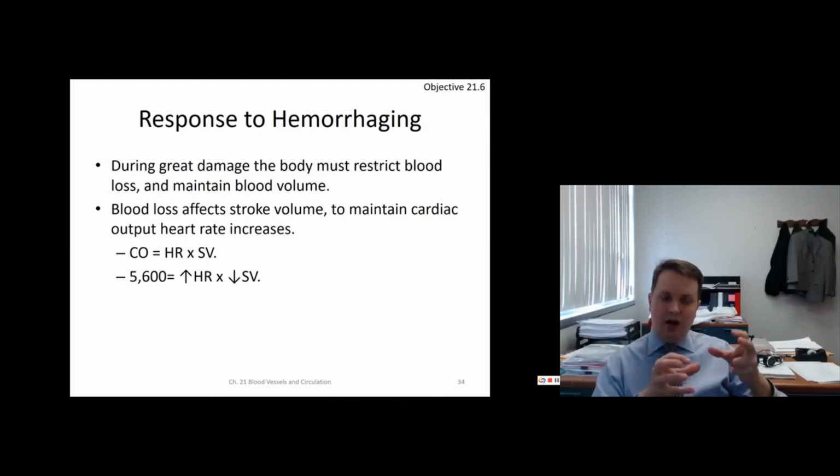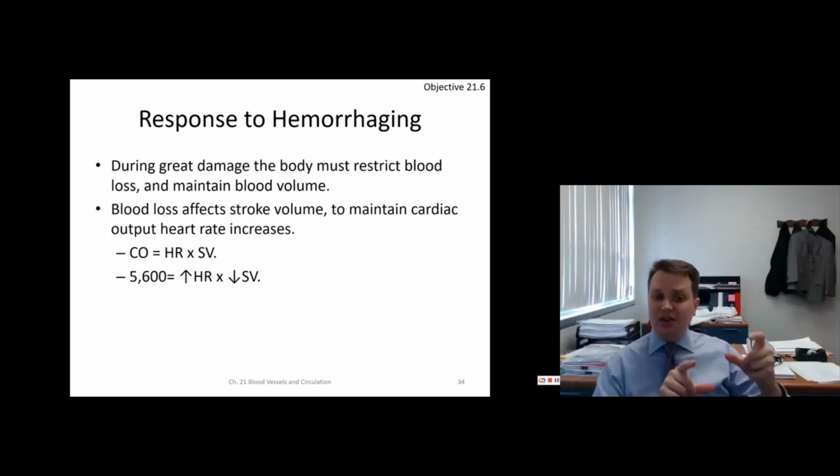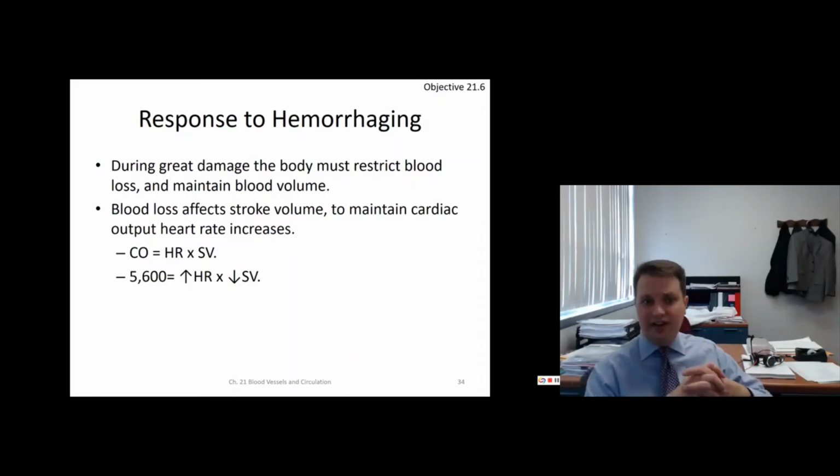So if I want to keep it at 5,600 milliliters a minute and my stroke volume is going down, heart rate must go up. Because if I lose blood and blood loss reduces stroke volume, then you must make the heart rate go up to keep the cardiac output the same. That's what I'm trying to say here, okay?